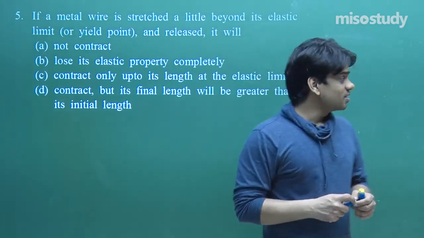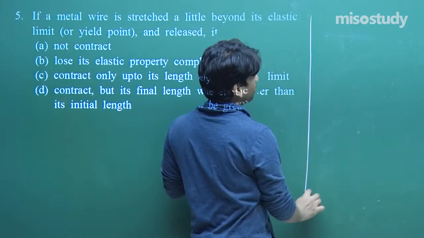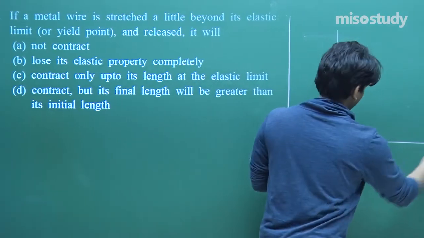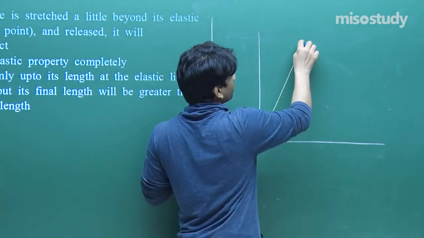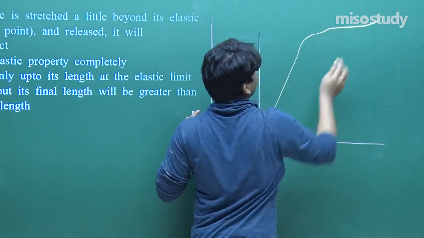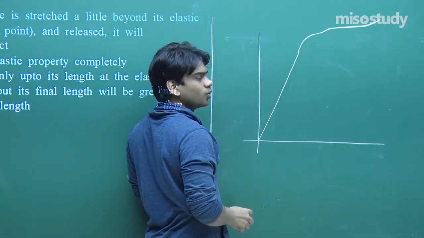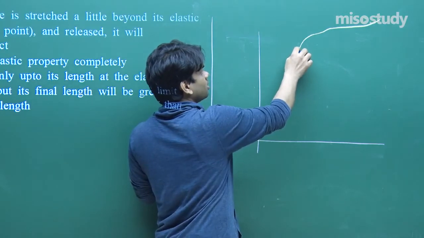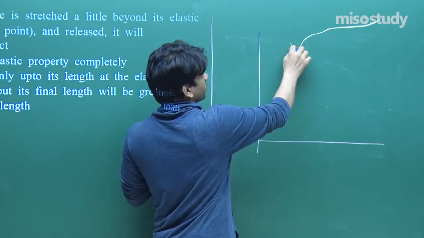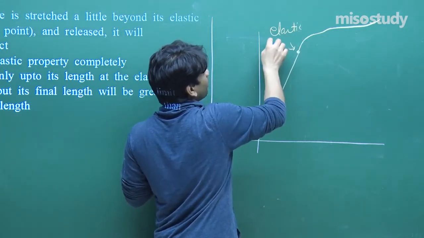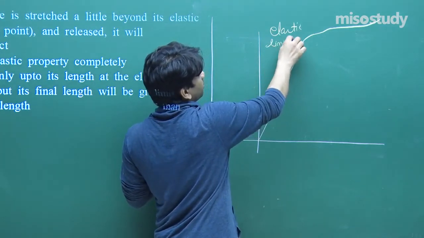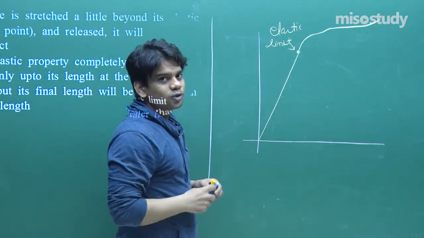See, if you remember the stress strain curve that we have learnt in this chapter, I have discussed that initially it's going to obey the elastic limit and go ahead in this way. This is the yield point, this is the elastic limit. Till here, elastic limit means where stress is proportional to strain.